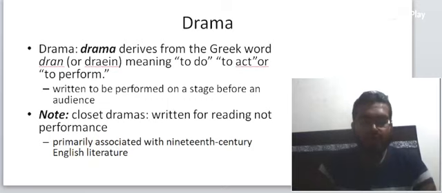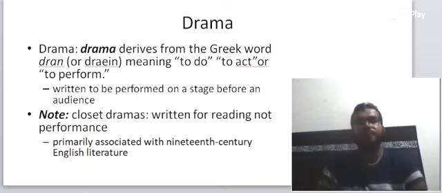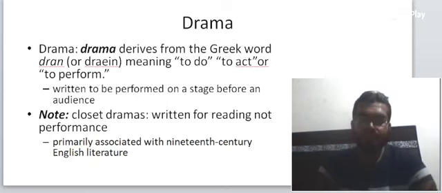Second main genre of literature here is drama. Drama is the word derived from the Greek word dran or drain, which means to do, to act or to perform. And it signifies that stage presentation, public performance is the basic defining criterion of drama.